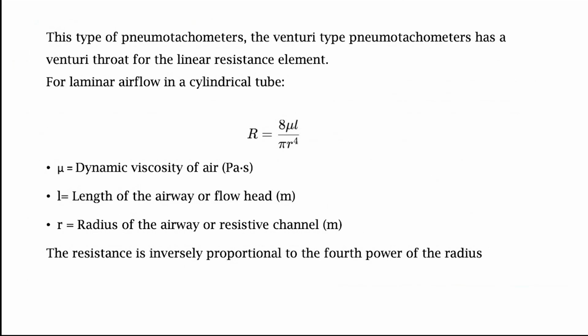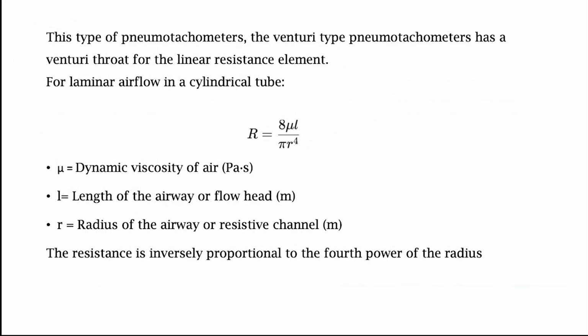Because you are having an obstructive pulmonary disease, or you are having COVID, or a common cold, the obstruction or fluid has reduced the radius of your airflow tube by half.